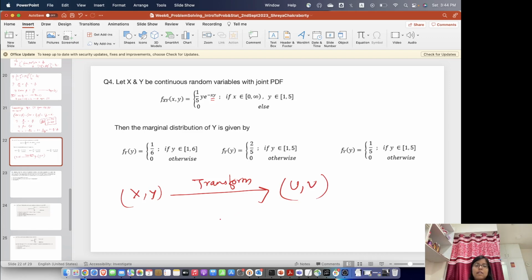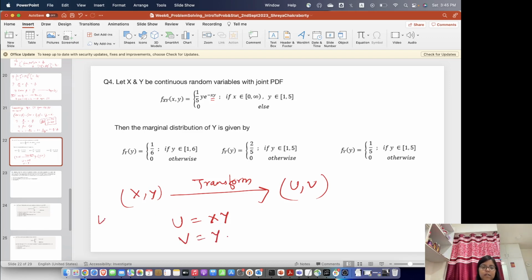Now what will be the form of the transformation? So let's say u equals xy and v equals, what do we need? The marginal of y, right? So let v equal y.